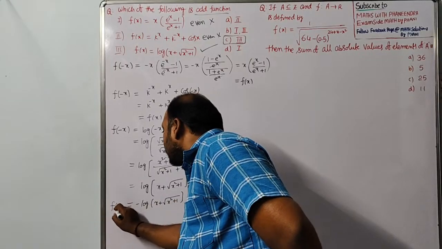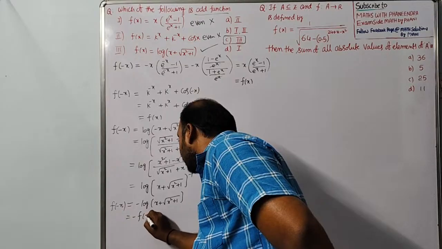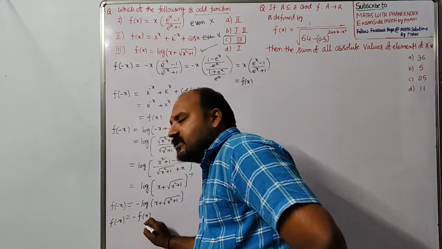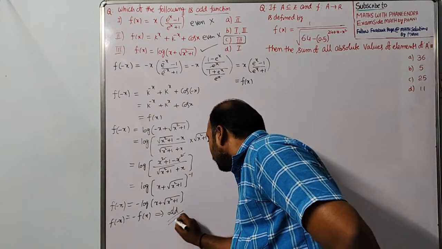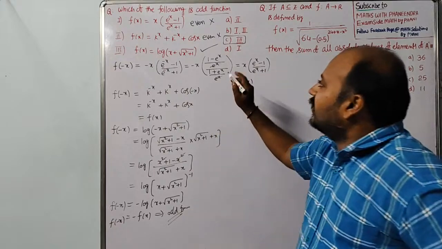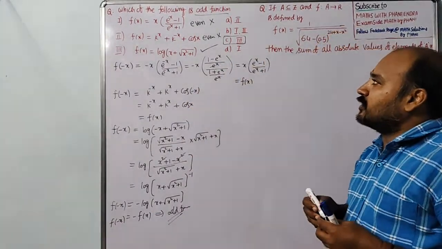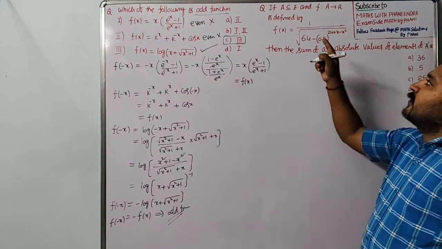This is f(-x), which is equal to -f(x). So f(-x) = -f(x), then it is an odd function. That's why the third option is the right option, which is the required odd function. I hope everyone understands. We'll move to another question here.